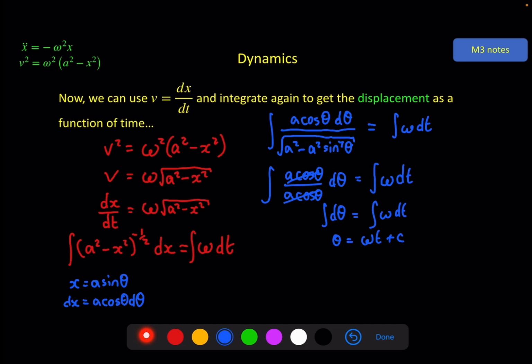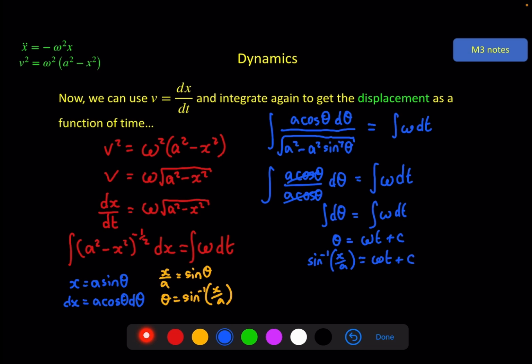Now I have to change theta back into x, of course. Looking back over here, if we want theta, we're going to have to do the inverse sine. x over a is sine theta, so theta is equal to the arc sine of x over a. Putting that back in over here, arc sine x over a is equal to omega t plus c.